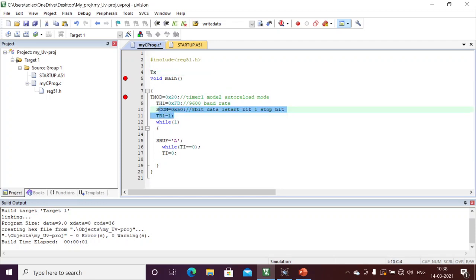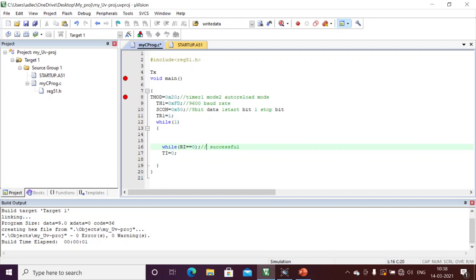The baud rate is always the same, and the reception is what differs. Here I need to check whether it is received successfully or not. Whenever this flag is set by the hardware to 1, it means successfully received. Until successful reception I am waiting here.